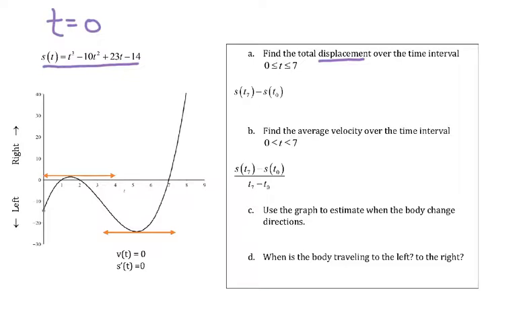It's 14 meters to your left. You can imagine that you are standing right here at the origin looking at this object. At time t equals 0, it's 14 meters to your left, and it's traveling towards you. It's traveling to the right.